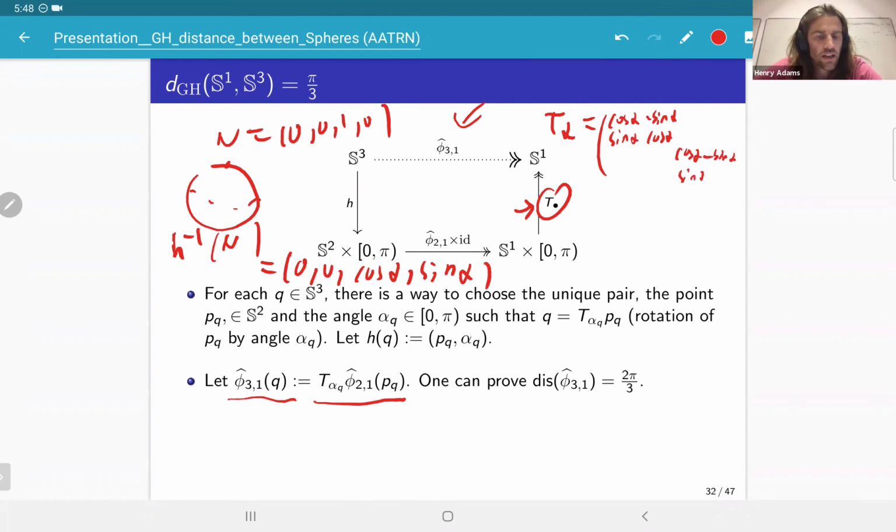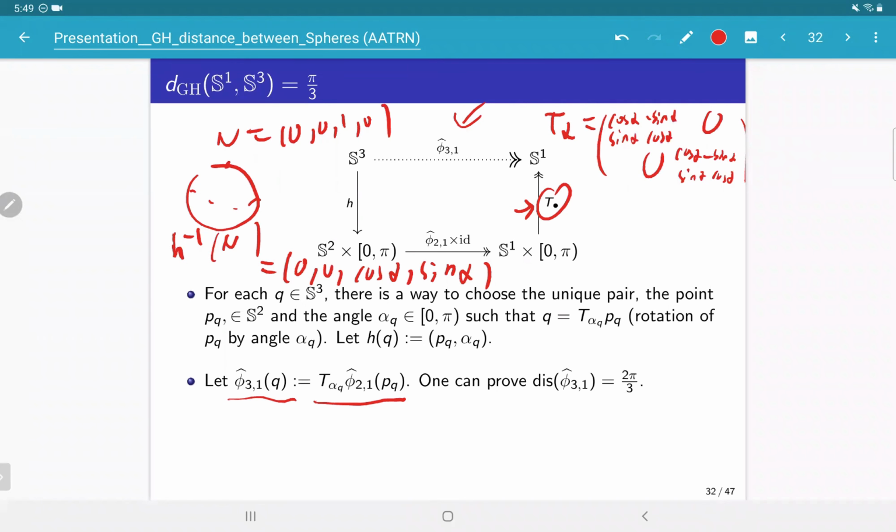And of course everything is true. In both pairs of coordinate axes, you're rotating by that angle. Yes, because we are viewing S3 as a subset, and S1 and S2 are all embedded in S3, so we can apply the matrix multiplication. That's how we choose alpha sub q and p sub q.